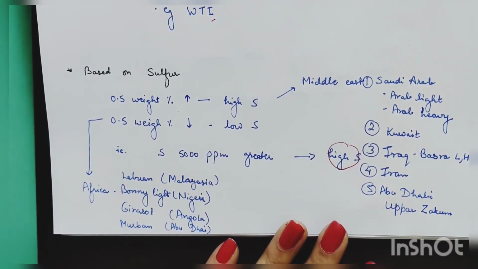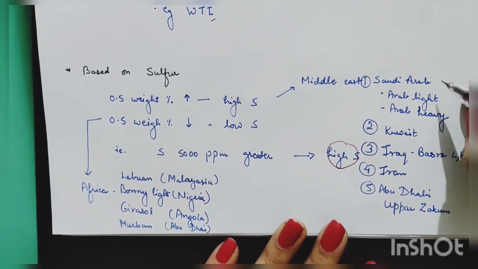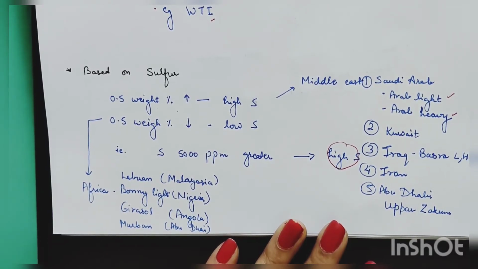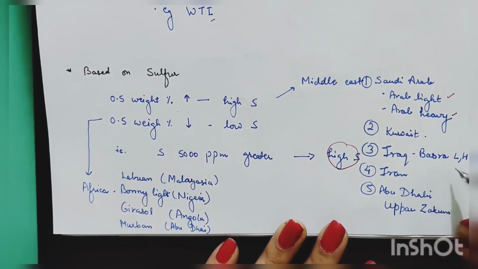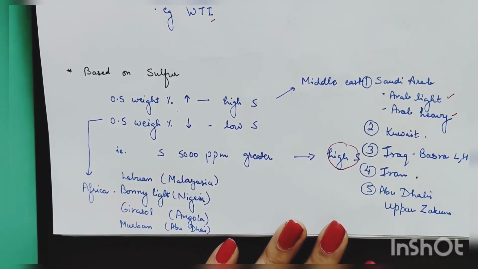Giving a few examples of high sulfur crude oil, we can say the crude oil which comes from the Middle East, that is Saudi Arabia: Arab Light, Arab Heavy. It is high sulfur crude oil. Crude oil coming from Kuwait, Iraq's Basra is high, and crude oil coming from Iran is also high sulfur crude oil. Crude oil coming from Abu Dhabi, that is Upper Zakum, is also high sulfur crude oil.